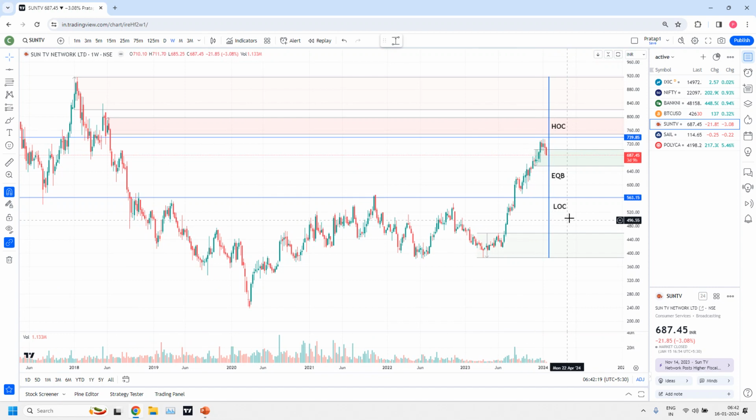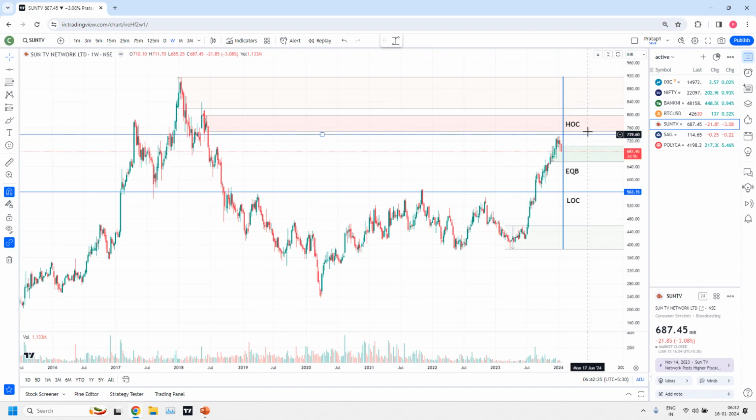We can plan trades low on the curve. We can plan long trades in equilibrium. Even we can plan long trades at high on the curve.